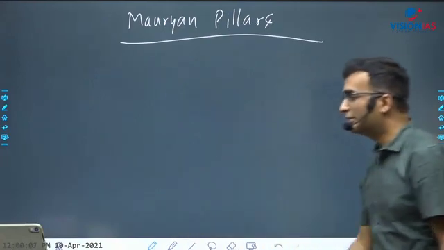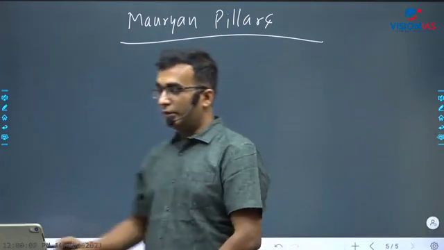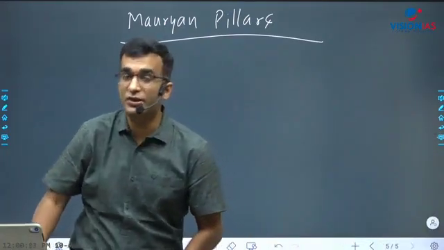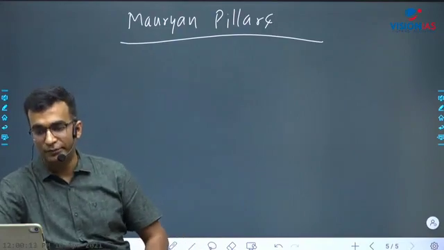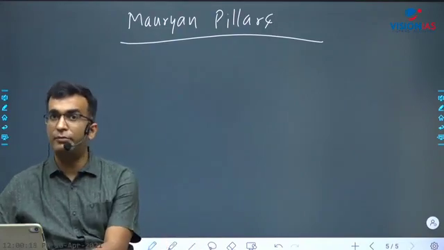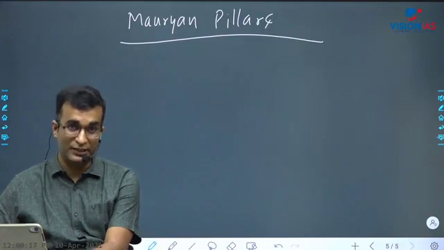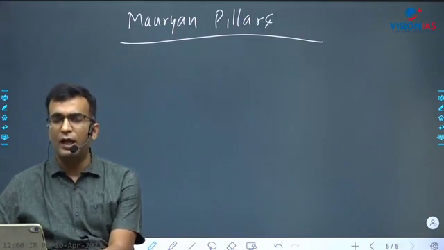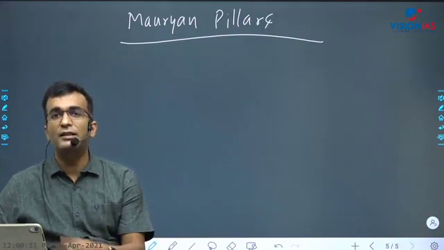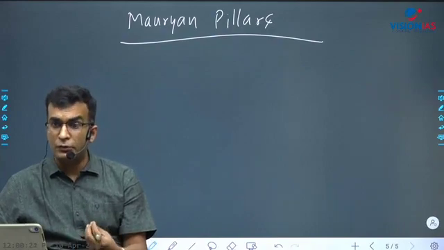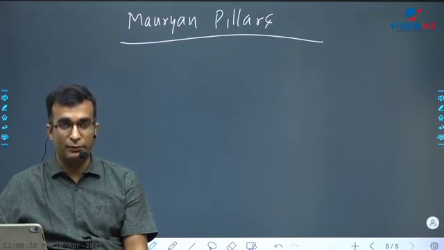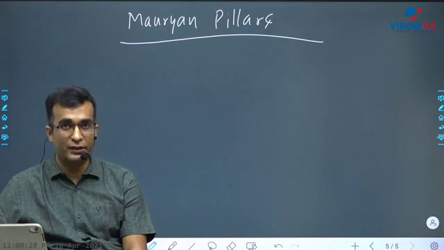So Mauryan pillars. Now listen. They were unique structures which were created by the Mauryas. And when we talk about the Mauryan pillars, there are many angles to cover in this particular topic. First of all, how they look like and how they were created, that is important.